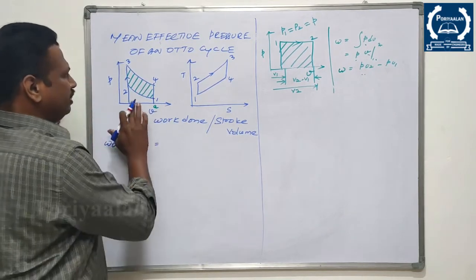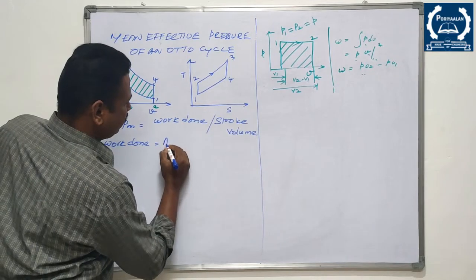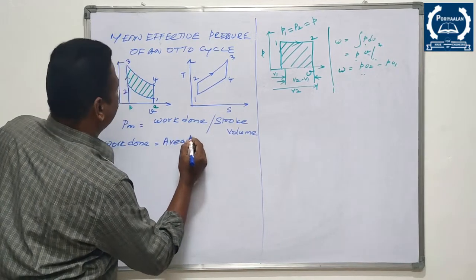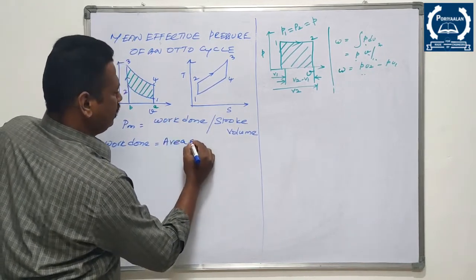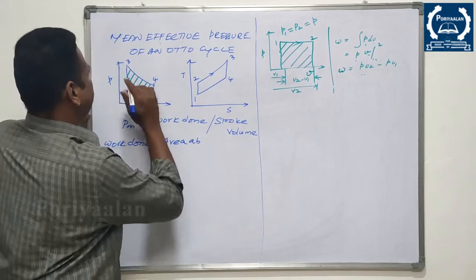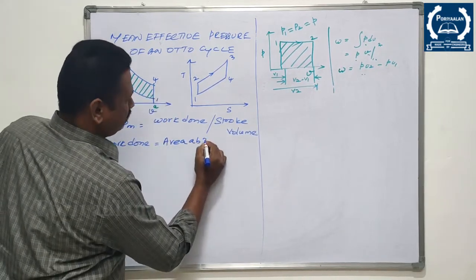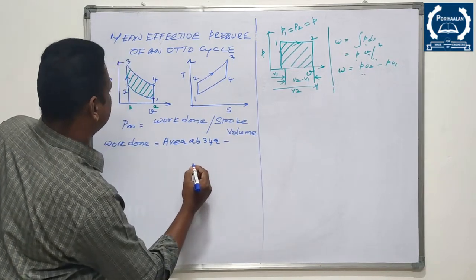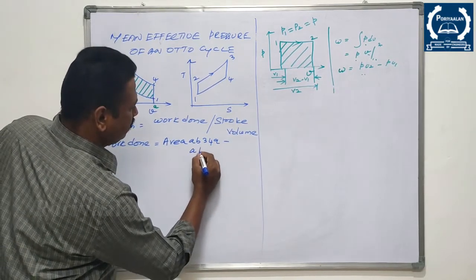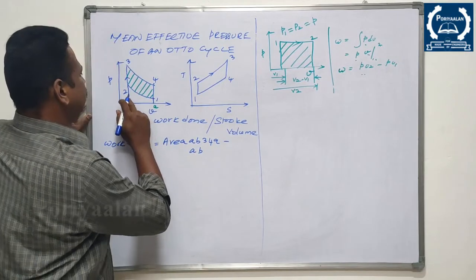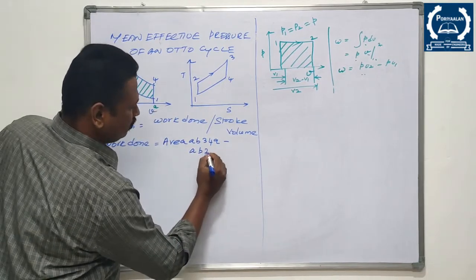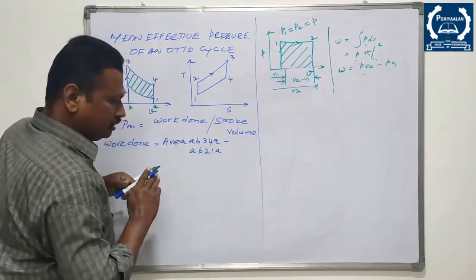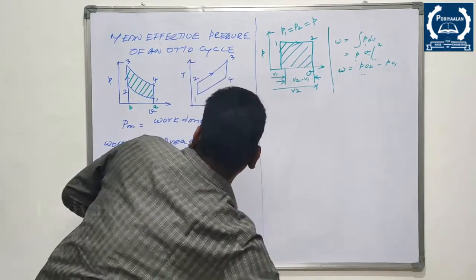So to find the value of work done, area AB 34A minus AB 21A. I think you will understand, right?